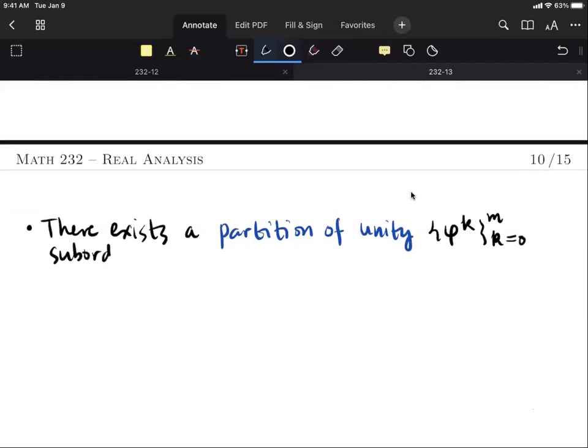Subordinate to the open cover uk, k from 0 to n, of the closure.